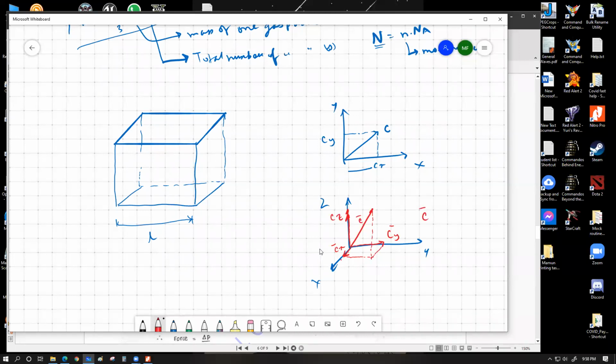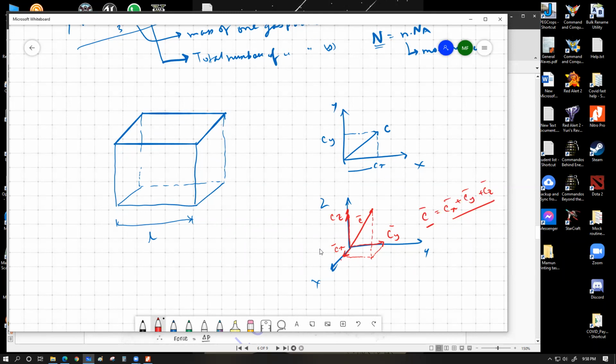So I can express that this speed can be written as cx plus cy plus cz. All of these three components can make up the resultant or the main velocity of the particle. Now, for the sake of simplicity, for the case of an ideal scenario, we're going to assume one thing, because all the particles which we have over here are stuck within a cubic volume, and they're all moving around in this three-dimensional space.